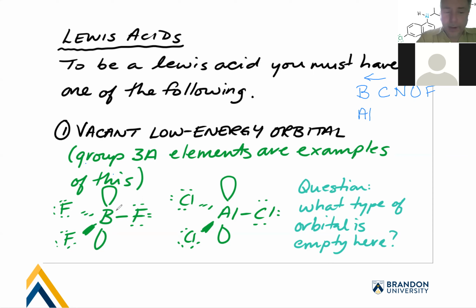They've got 3 bonds each, and they've got this empty p orbital, which is low in energy. Any substance with a lone pair, say some sort of amine, can just donate its lone pair to that empty orbital to form a dative bond. So, a vacant low energy orbital.